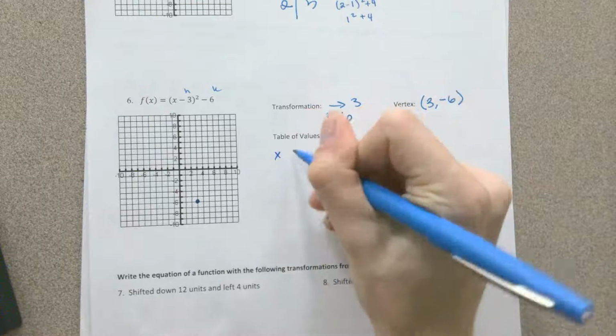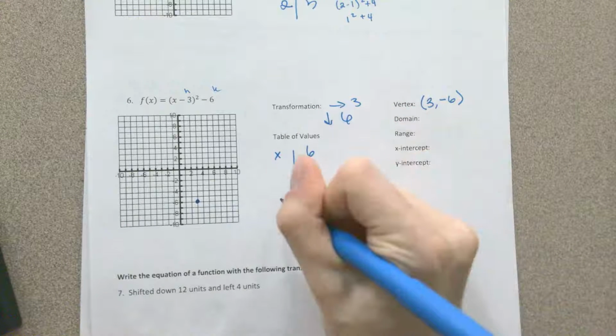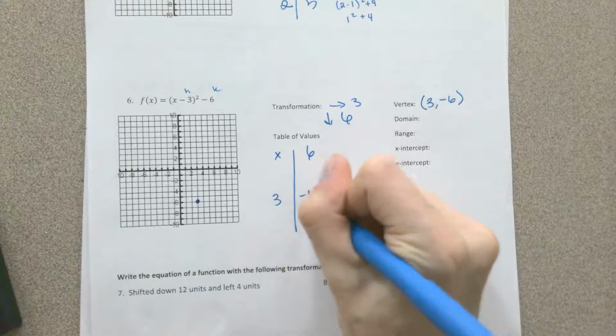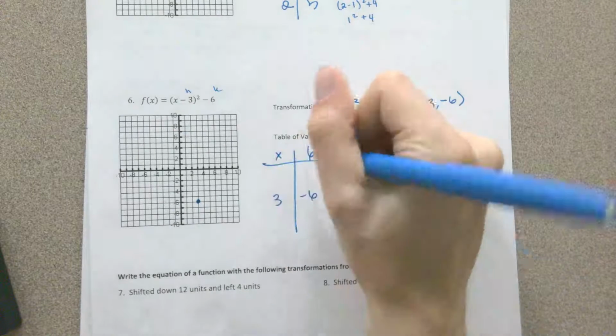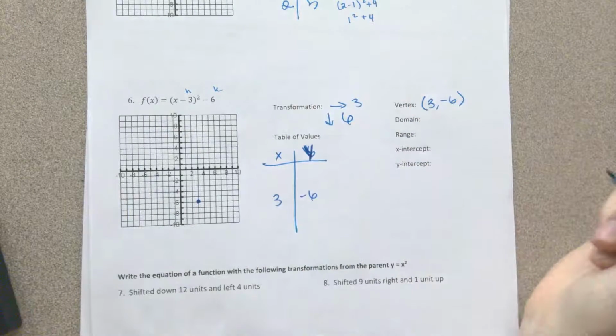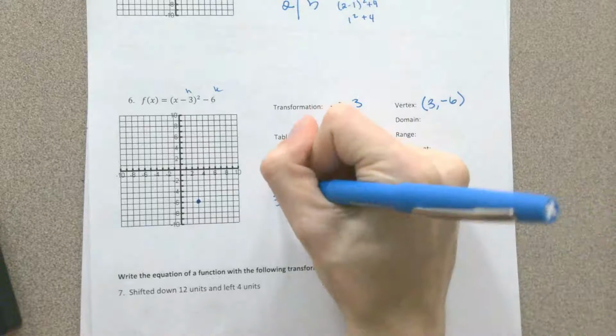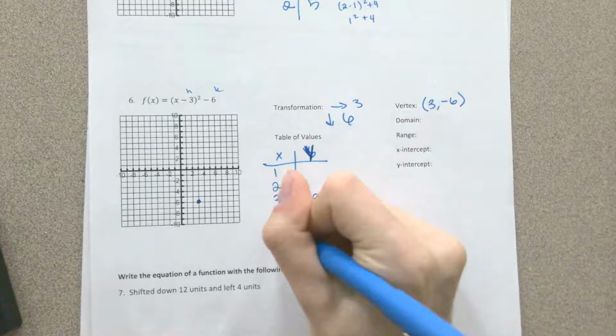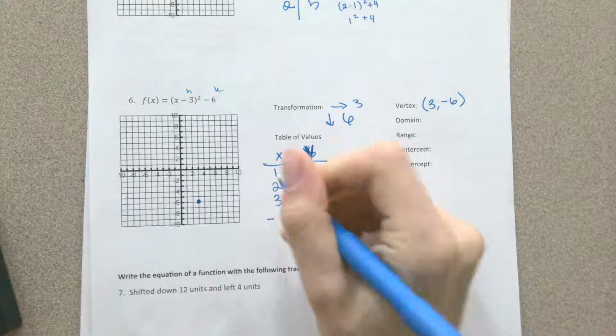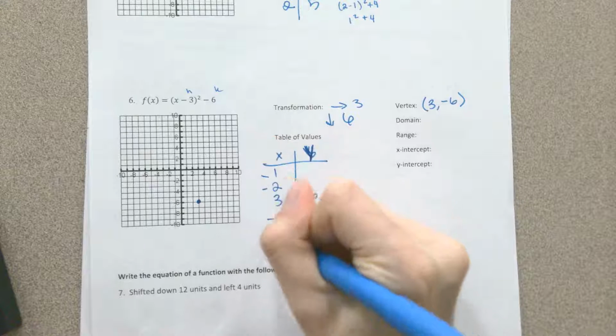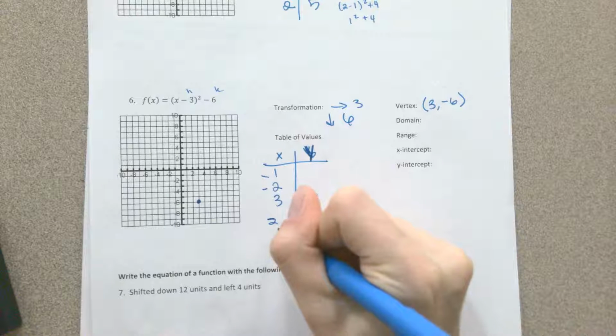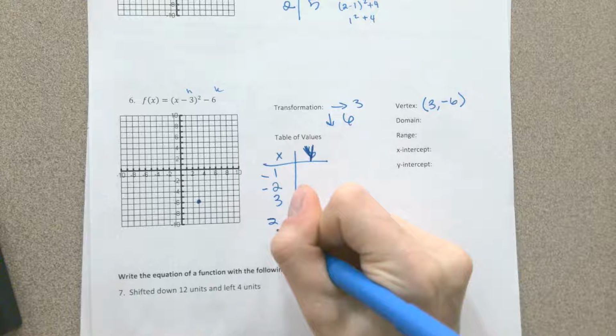We make our table of values starting with our vertex. Oh, that's supposed to be a y. I was thinking of 6. And we can go up. Let's do 2. Oh my gosh, I went the wrong direction. Let's do this. Wait.